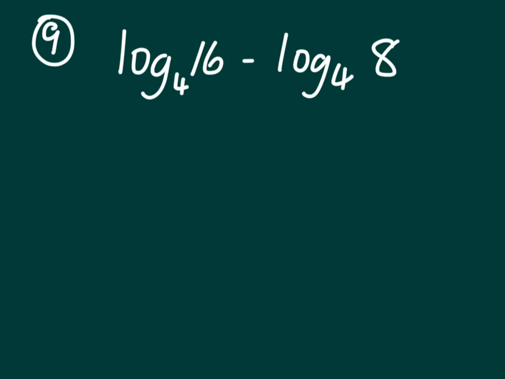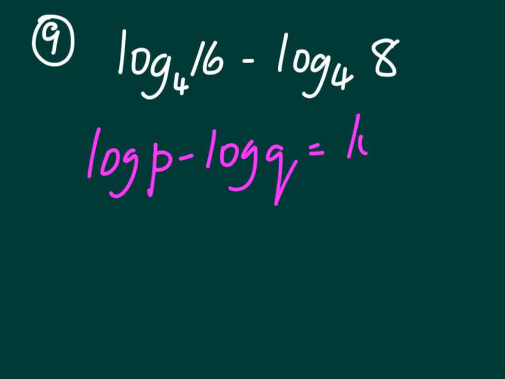Okay, this question is going to make use of the fact that log P minus log Q is equal to log P over Q. Okay, so we're going to use that fact on this expression here.